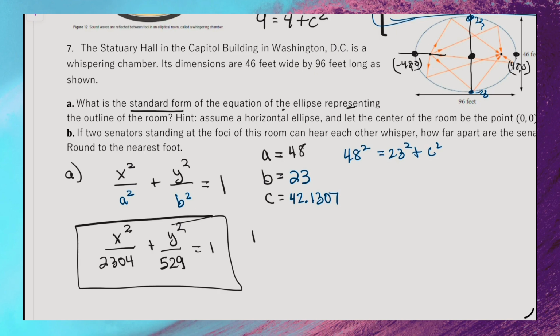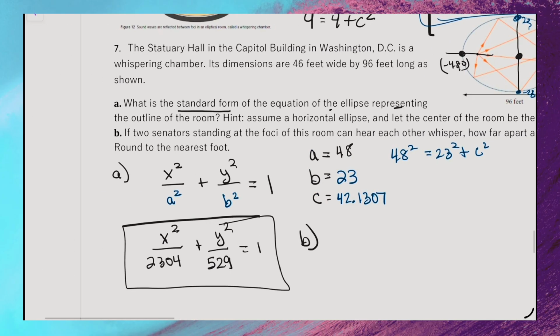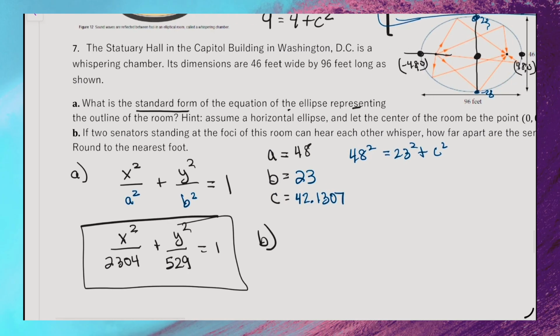Let's see what part B says. If two senators standing on the foci of the room can hear each other whisper, how far apart are the senators? Well, we haven't used the c information at all yet, so I'm kind of glad for this part because we will use our c. c, remember, is center to foci.